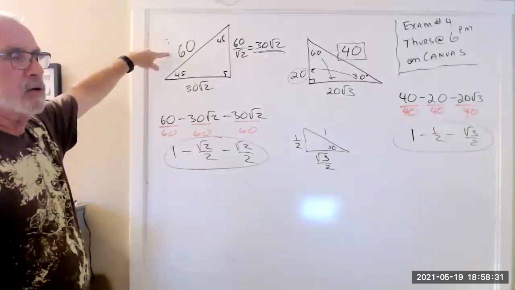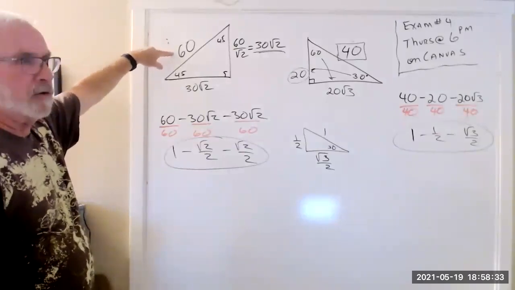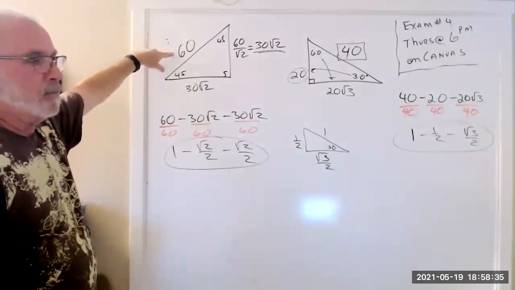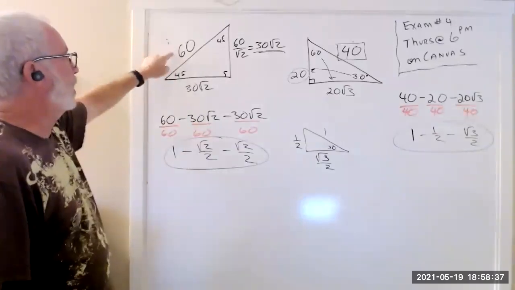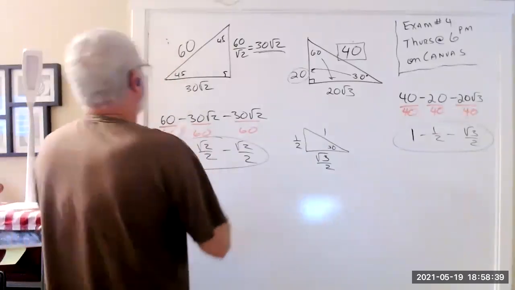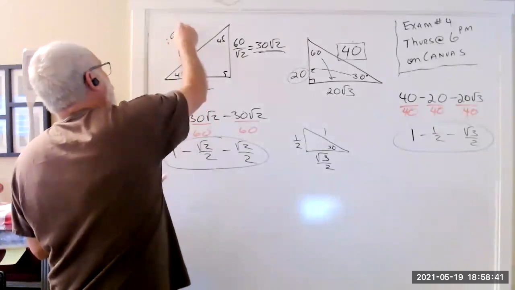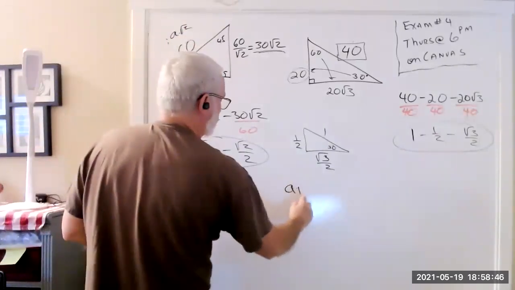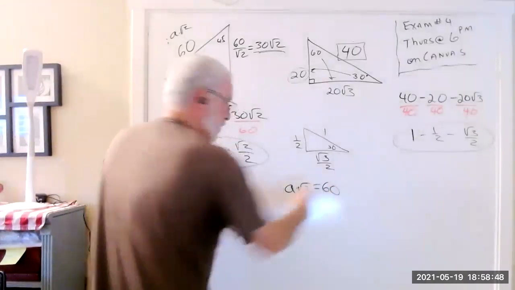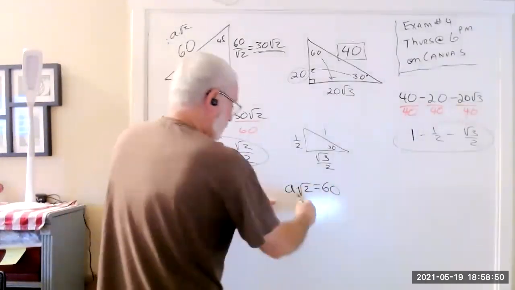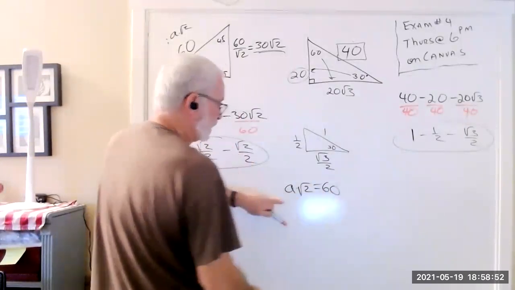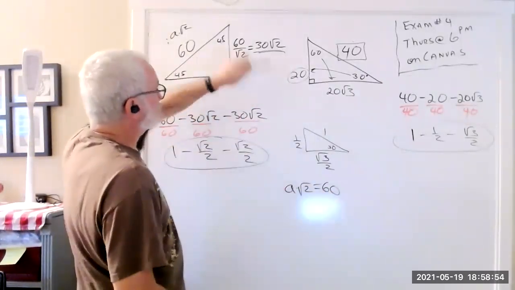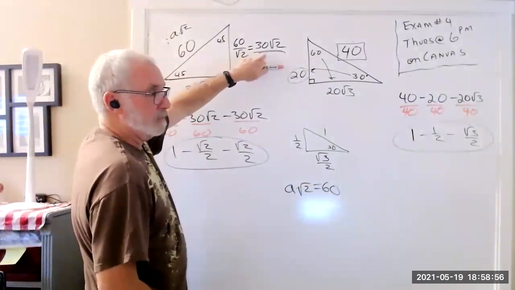Again, everybody could have picked a different hypotenuse, but remember the hypotenuse represents a times the square root of 2. So if you set a times the square root of 2 equal to 60, and then divide both sides by the square root of 2 and simplify, you get that.